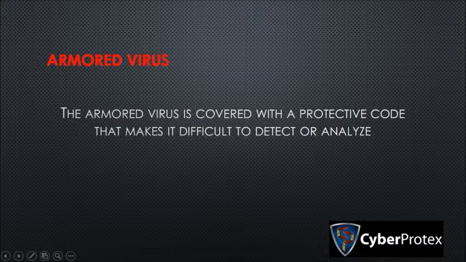So the armored virus, this one's pretty interesting. It comes with a protective layer of code that will serve to negate antivirus software processes, so that when the software is searching for the virus, it can direct it around or fend it off, all in the interest of keeping the virus on the system for as long as possible.